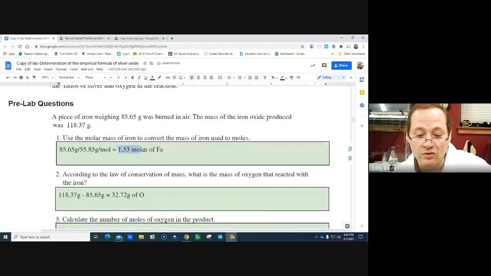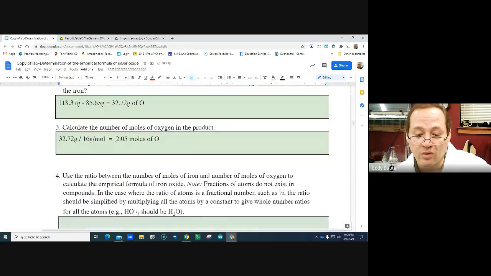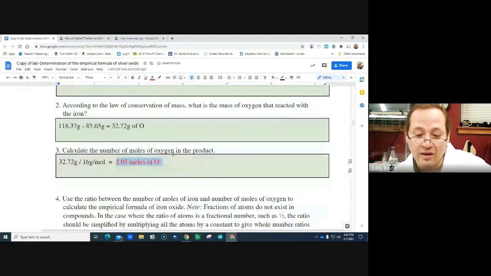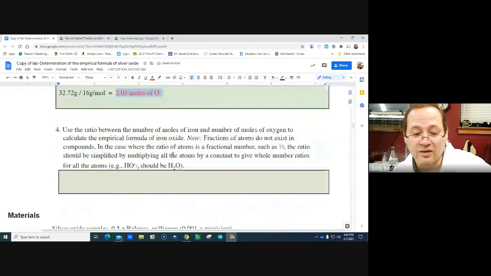These numbers are important: the moles of iron and the moles of oxygen. This is important because of the next step. It says, use the ratio between the number of moles of iron and number of moles of oxygen to calculate the empirical formula of iron oxide. Note, fractions of atoms do not exist in compounds.